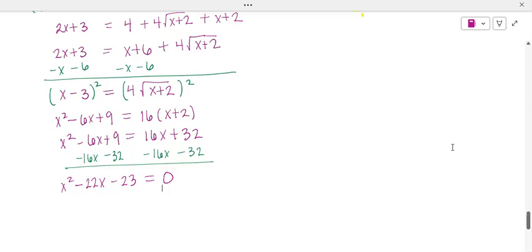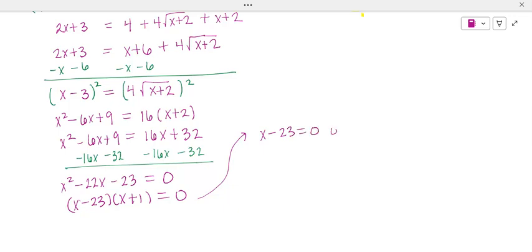So this can factor into x minus 23 and x plus 1. So x minus 23 is 0, or x plus 1 is 0. So we're getting x is 23 for one possible solution, and x is negative 1 for another possible solution.